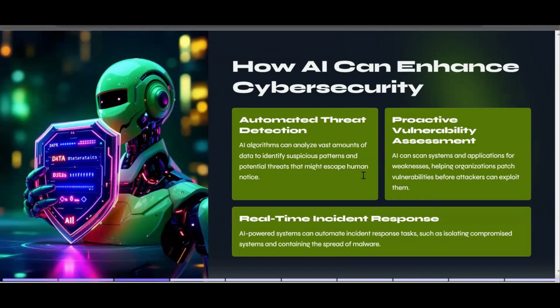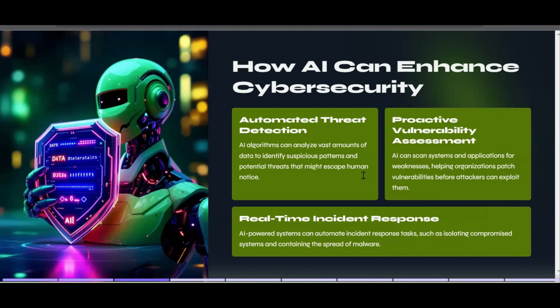Okay, now we talk about how AI can enhance cybersecurity. First thing, which everybody knows, is that it brings us efficiency in terms of automating threat detection. When we use AI algorithms, they can analyze vast amounts of data. What was the challenge we had? That we had a tremendous amount of data, right?